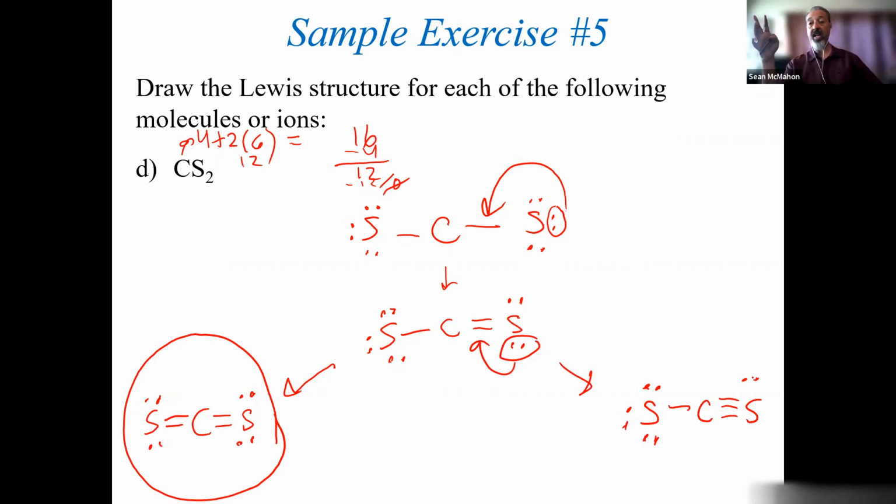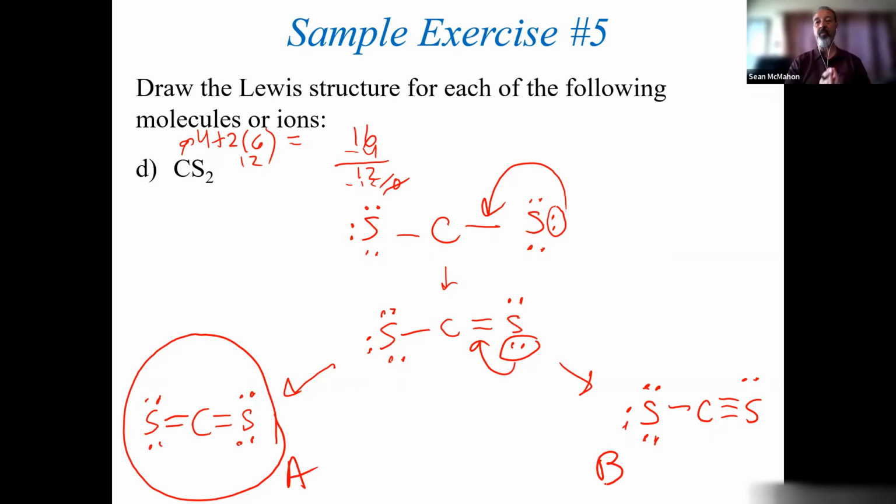So carbon still has 4 bonds, but now one sulfur has a triple and the other sulfur has a single. So this is still a valid Lewis dot structure because everything has an octet. If I call this structure A and structure B, they're both valid Lewis dot structures. They're resonance structures. However, A is preferred.